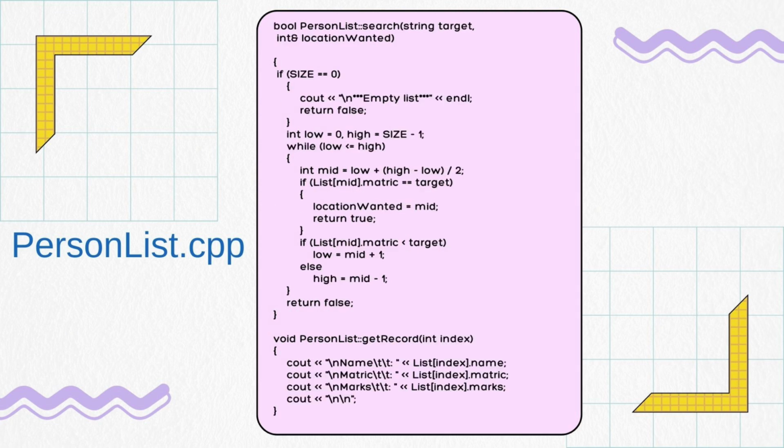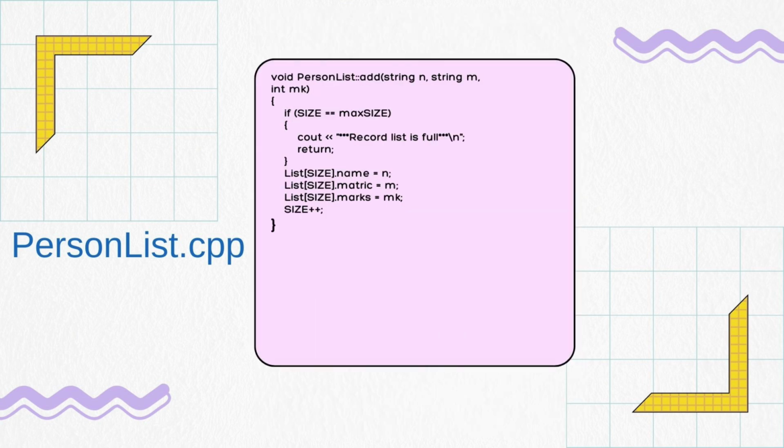Okay, search method uses a binary search to find a student by their matriculation number. Get record method displays the record. The add method adds a new student record to the list unless the list is full.